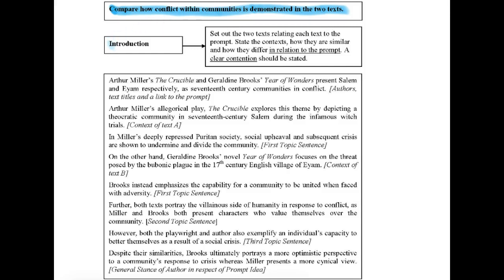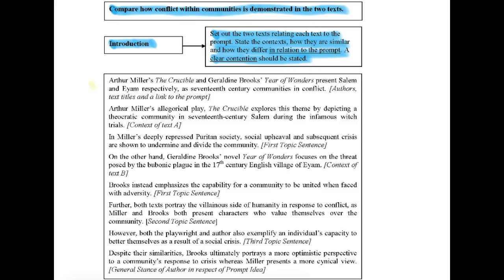Now, if we think about the introduction that we would use for this particular prompt, if you remember in the previous tutorial, we explained that in the introduction we set out the text, we give the contexts, and we do a sort of similarity and difference in relation to the prompt, and we make sure there's a clear contention. Okay, so how is that going to look if we actually write the introduction?